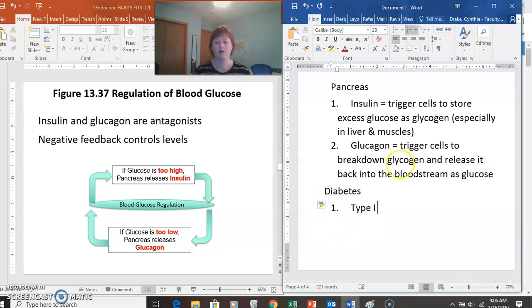There's type 1 and type 2. Now, type 1, this is our genetic form of diabetes. So this is when somebody is unable to produce insulin or enough insulin to be able to regulate their blood sugar. And type 2 diabetes is generally environmentally induced.